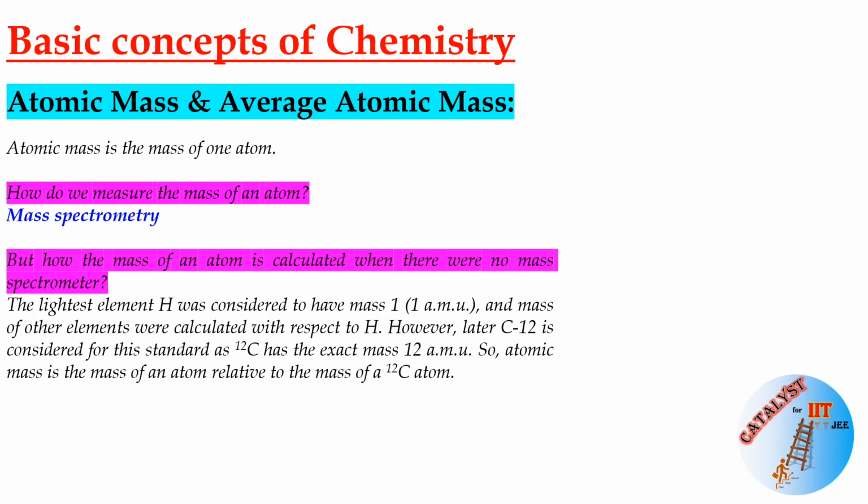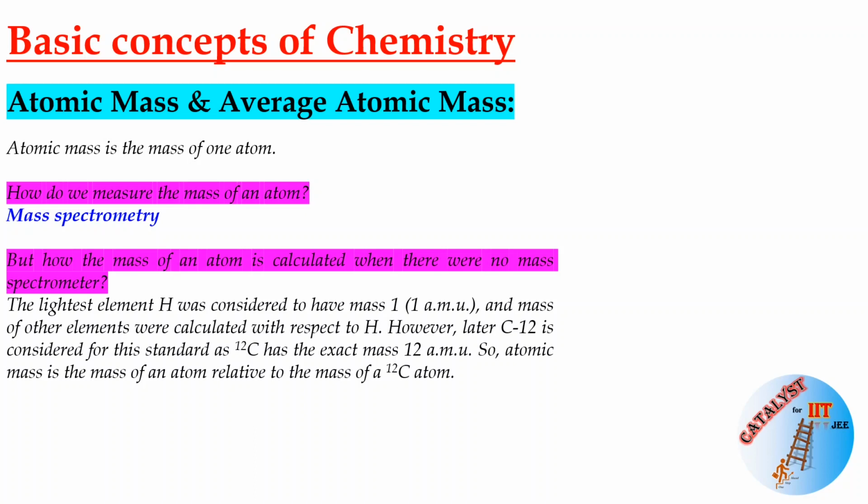Now let us understand the concept of atomic mass, average atomic mass, and molar mass, etc. Atomic mass is the mass of one atom, correct? This is very simple. Now how do we measure the mass of an atom? Because the atoms are very tiny, correct?